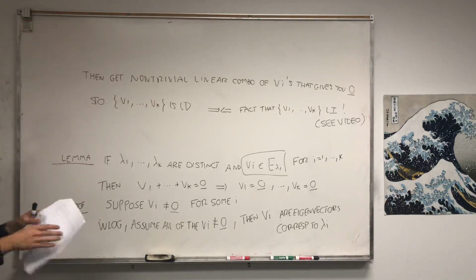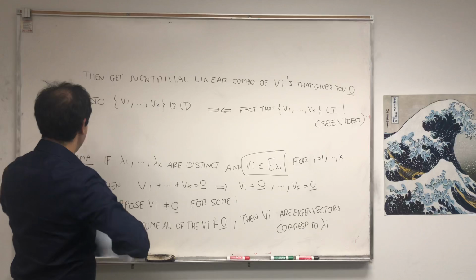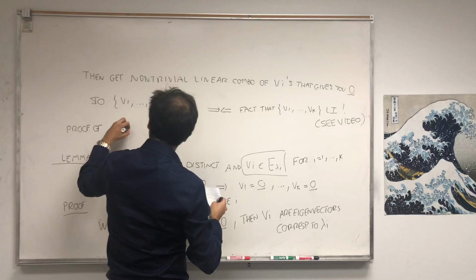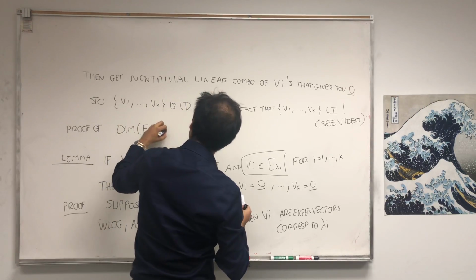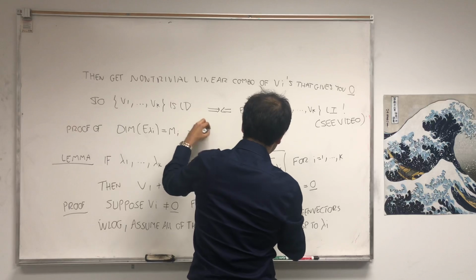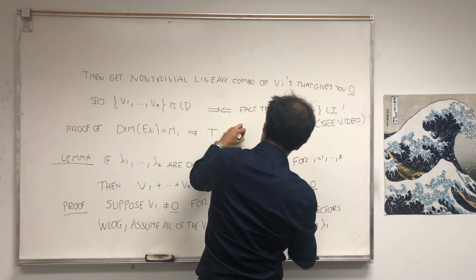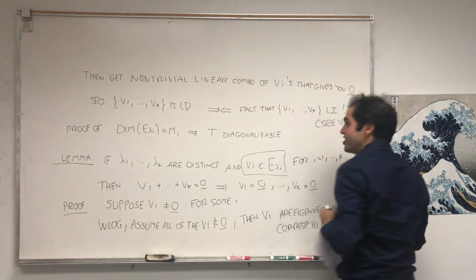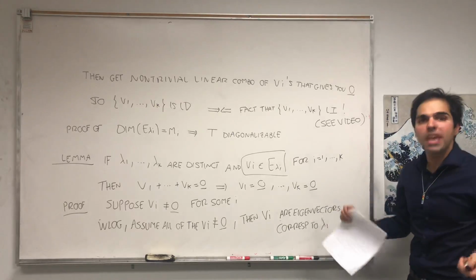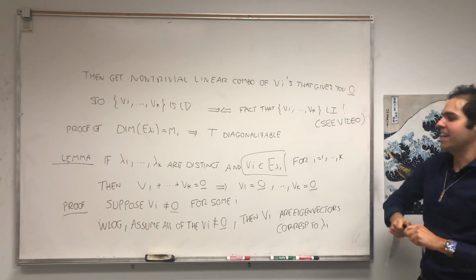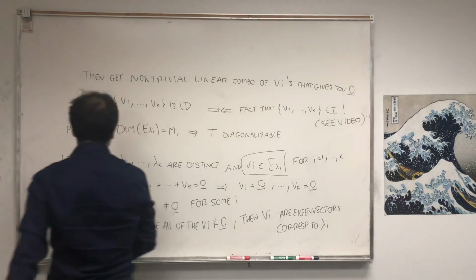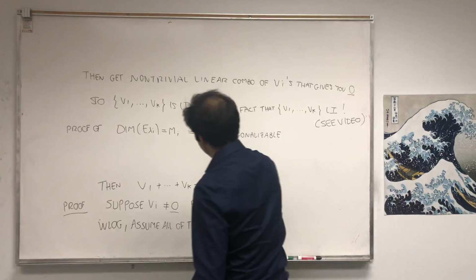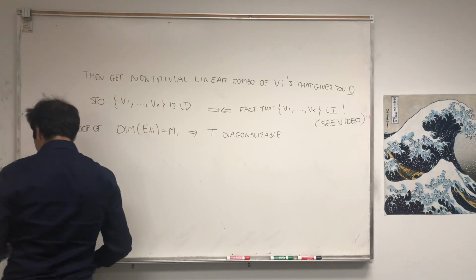So now let's prove our theorem. Proof that dimension of E lambda i equals mi implies T is diagonalizable. Essentially all we need to find is some basis of your vector space consisting of eigenvectors of T. And here's how we do it.